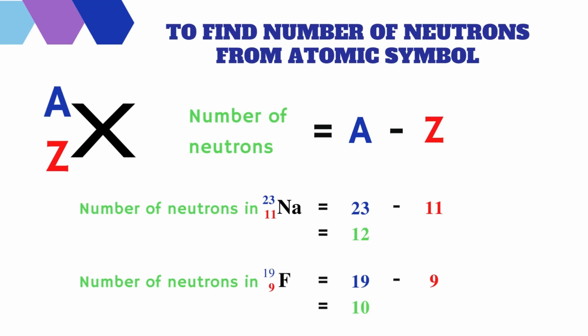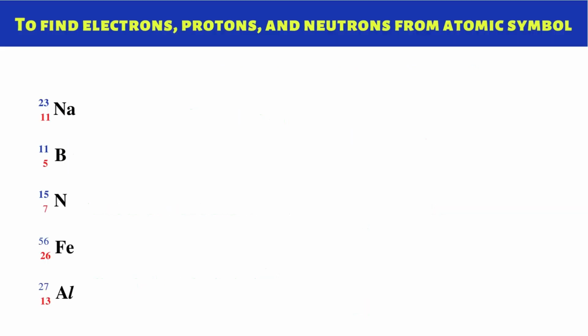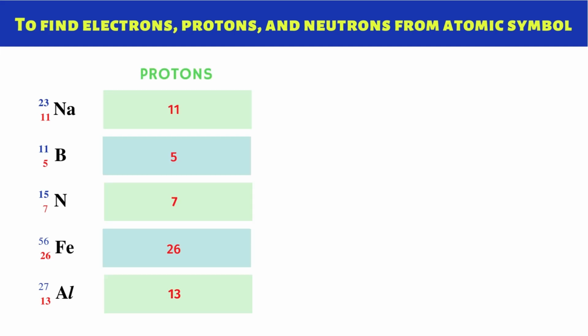Now pause the video for 5 to 10 minutes. Open your notebook and determine the number of protons, neutrons and electrons in the given atoms. As you know, the lower left is the proton number. So, just copy these values for writing their respective number of protons.